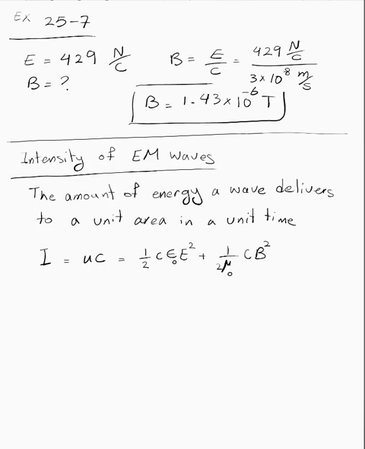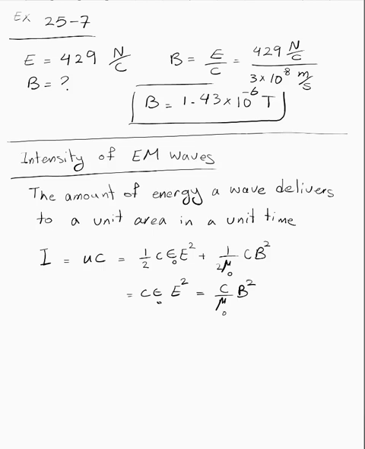I can write this in terms of the electric and magnetic fields, and because I know that this summation is equal to the total of electric field or the total of magnetic field energy density, I can rearrange this equation and write it in this form.